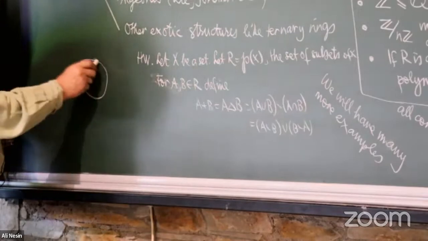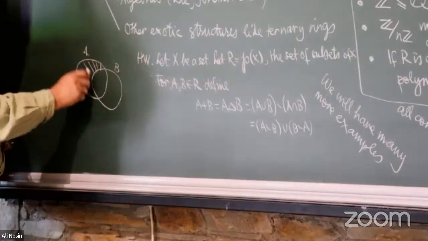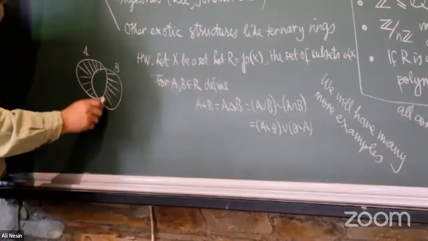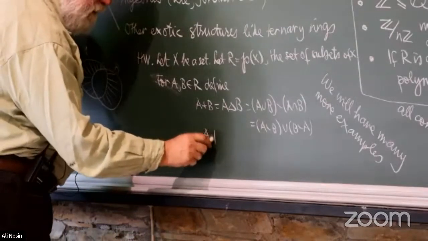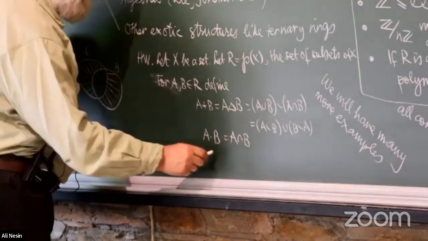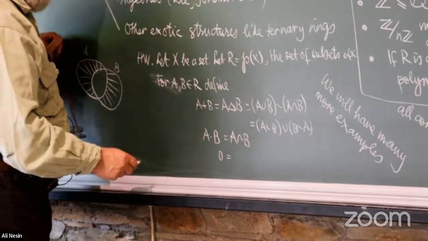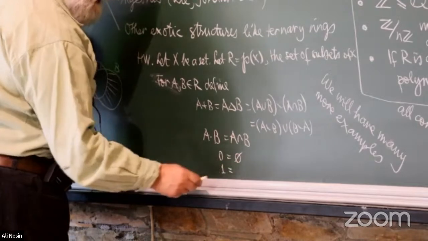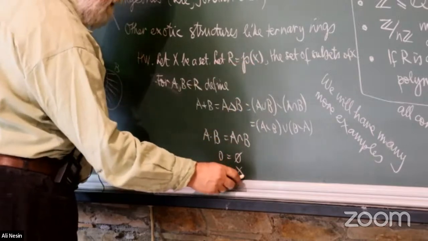If A is a subset, B is a subset, A delta B is the elements which are in A but not in B, and the elements which are in B but not in A. And define multiplication A times B to be A intersection B. And define 0 to be, I believe, the empty set. Yes, the empty set. And define 1 to be X itself, everything, the universal set.